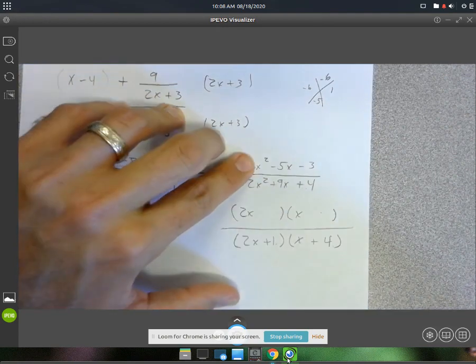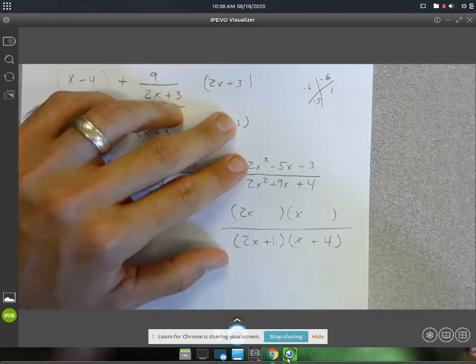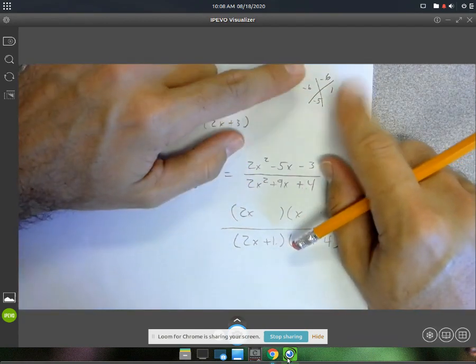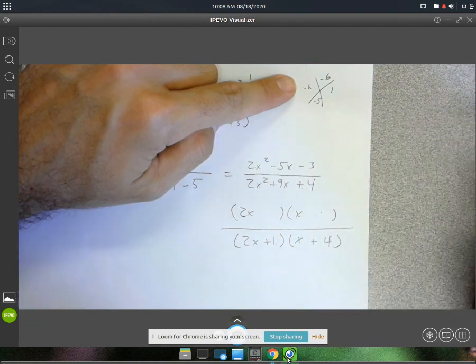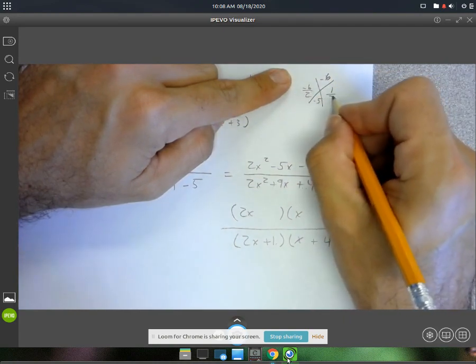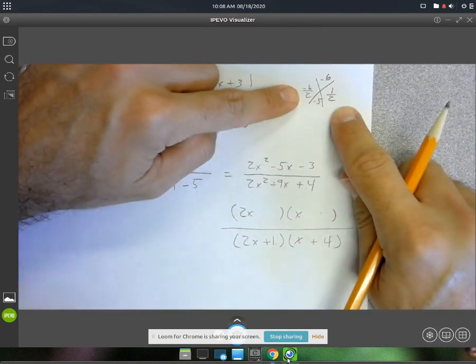Oh, is that right? Factors of negative 6 that add up to negative 5. That's right. And then I would divide these by 2. Yeah, okay, sorry. Yeah, I divide these by 2.